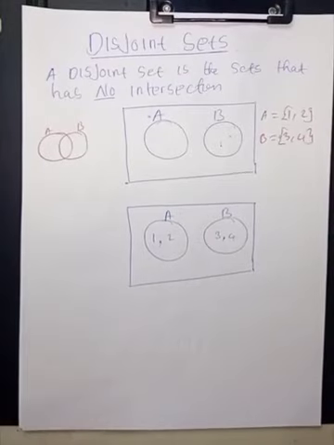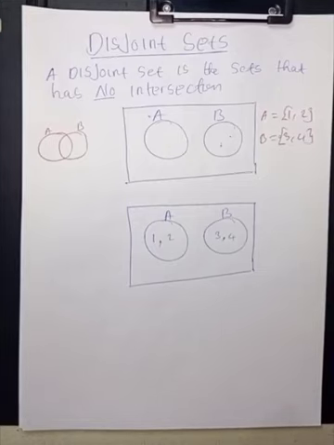So it will be like this, meaning these two sets are disjoint. The main thing to understand is: disjoint, no intersection. And aside from that, we know the properties and the laws of sets. The rest is basically very simple.